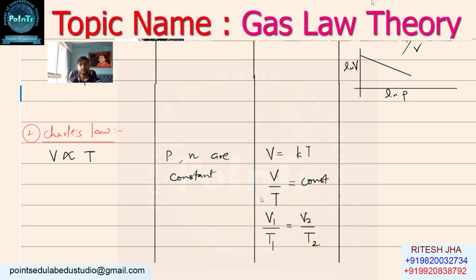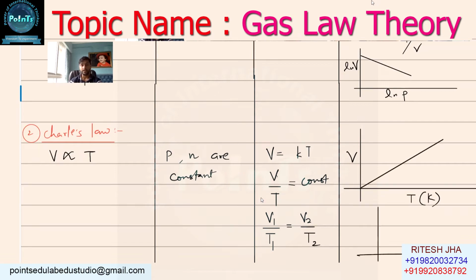And when you plot the graph of T in Kelvin, remember, very, very important, T in Kelvin versus V, then you'll get a straight line like this. But if you plot a graph of T in degrees Celsius with V, it will go like this.